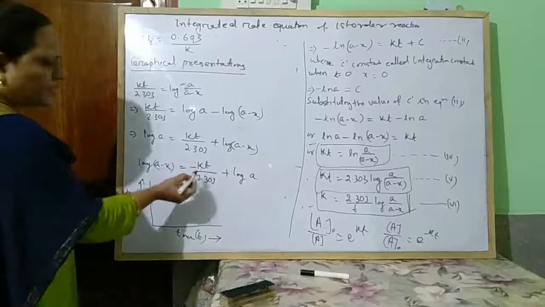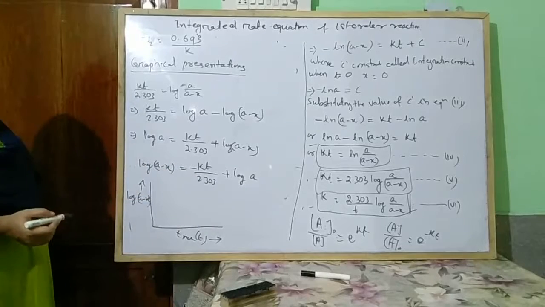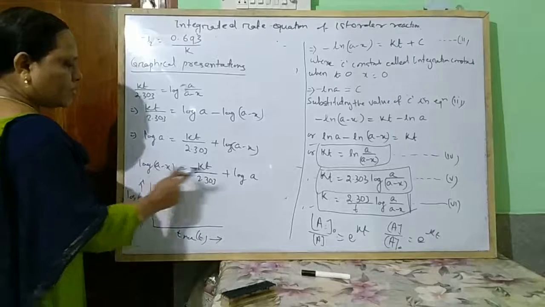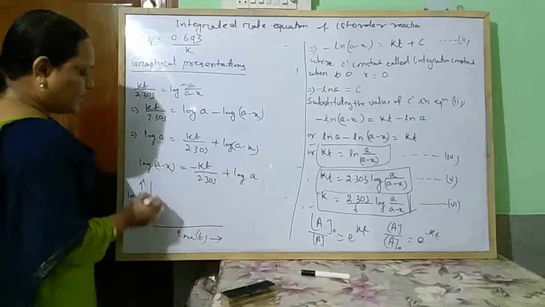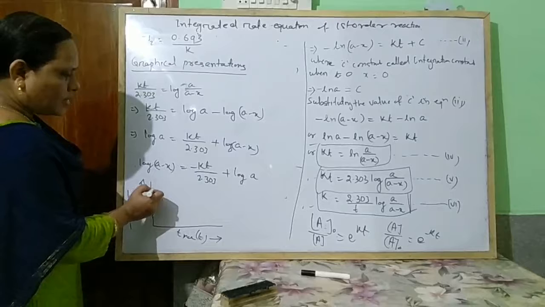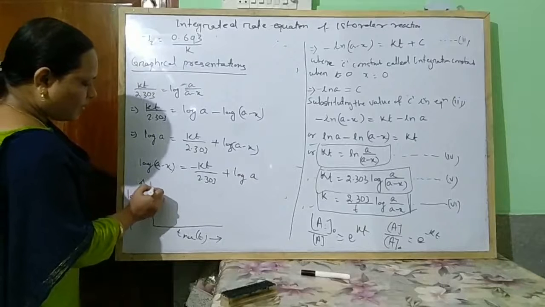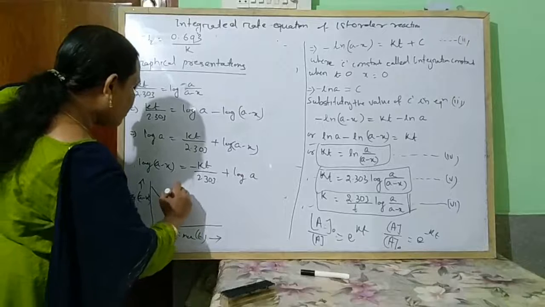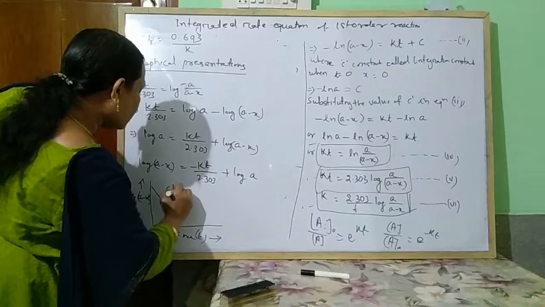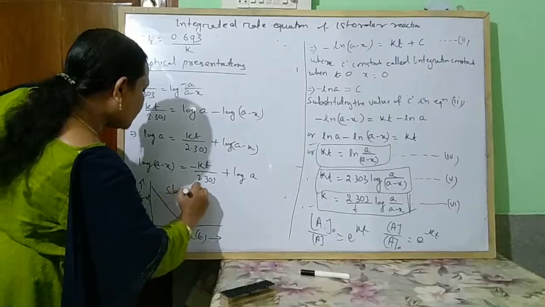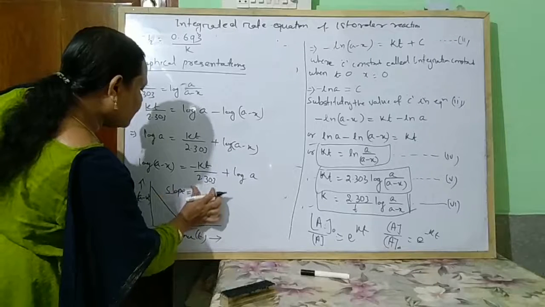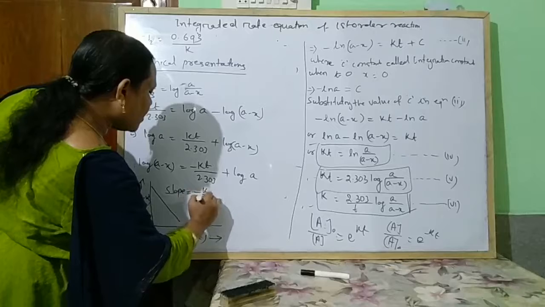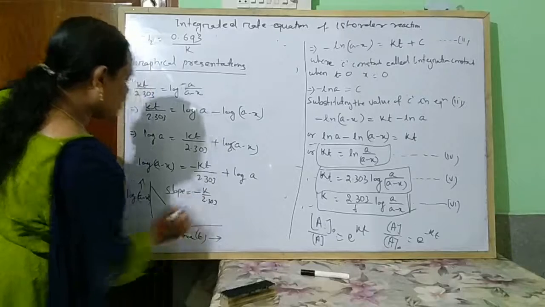Then what happens? This is the same as the equation of a straight line y equal to mx plus c. This is the intercept here and this graph will be like this with slope equal to minus k by 2.303.